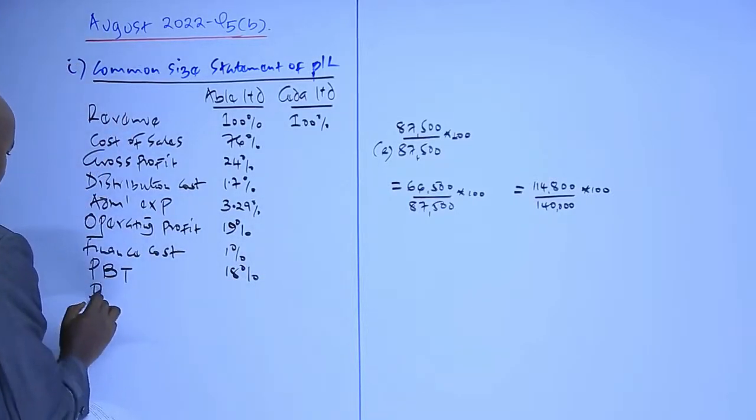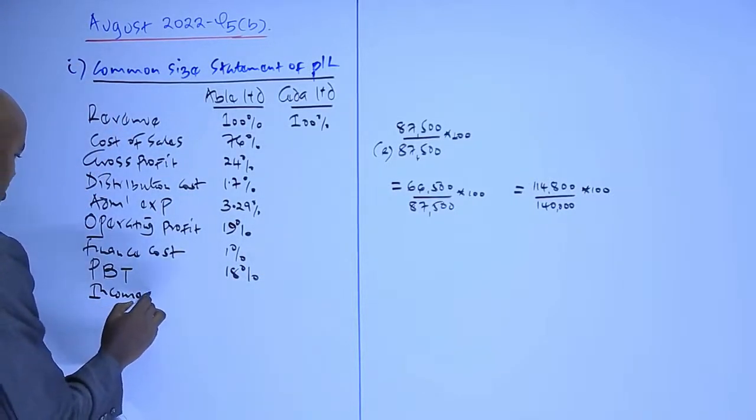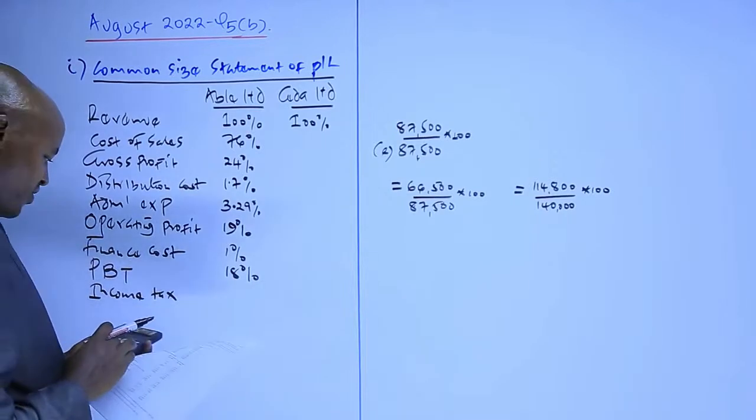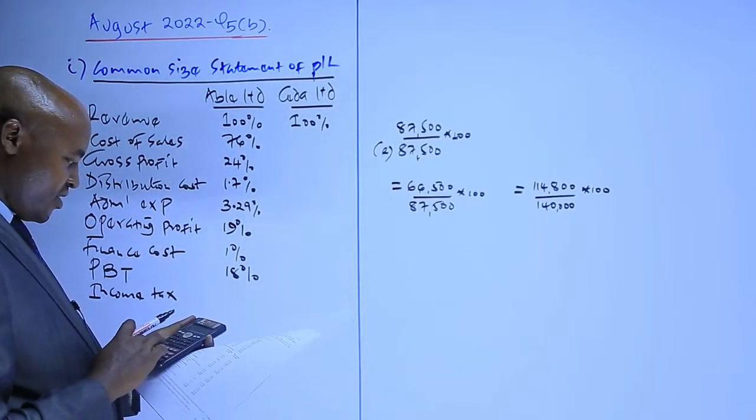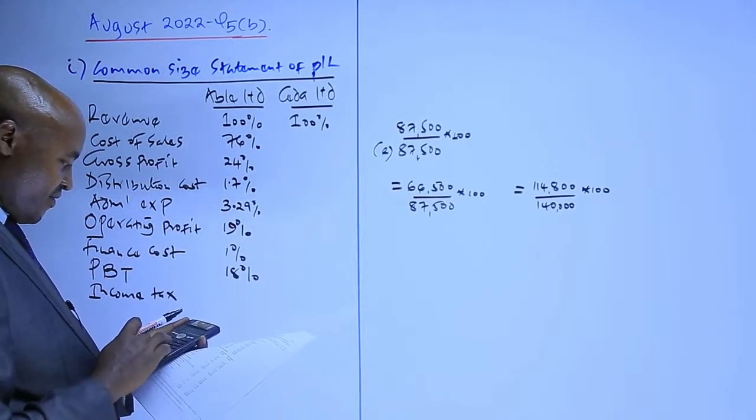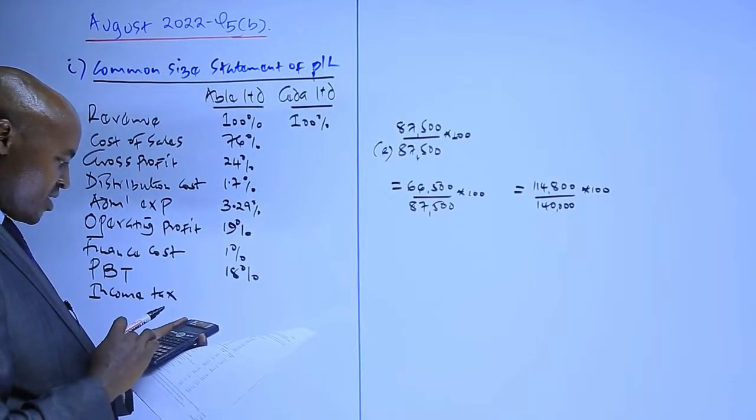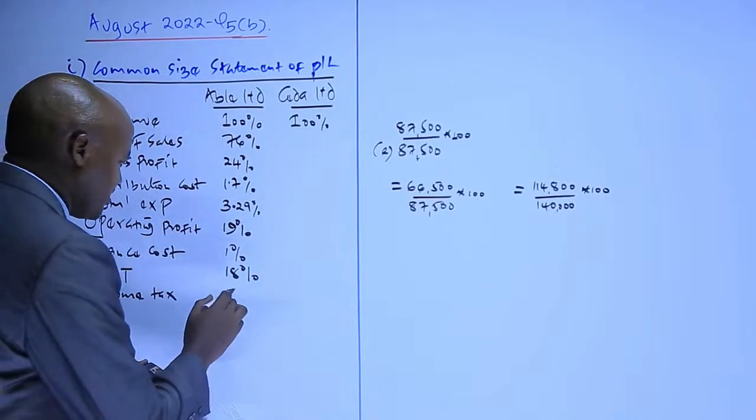Then we have the income tax. The income tax is 3,150 divided by 87,500 times 100, which will give us 3.6%.